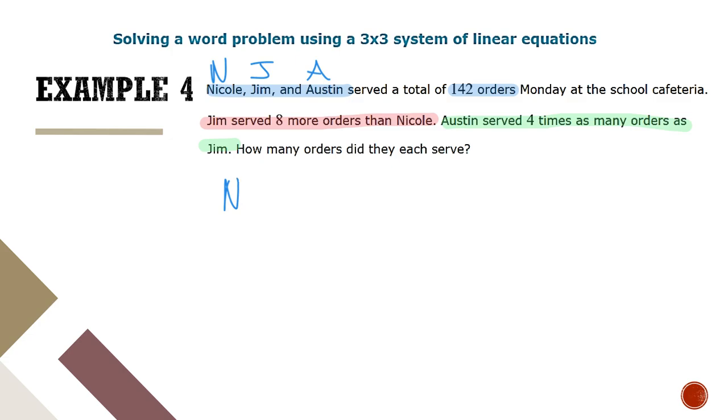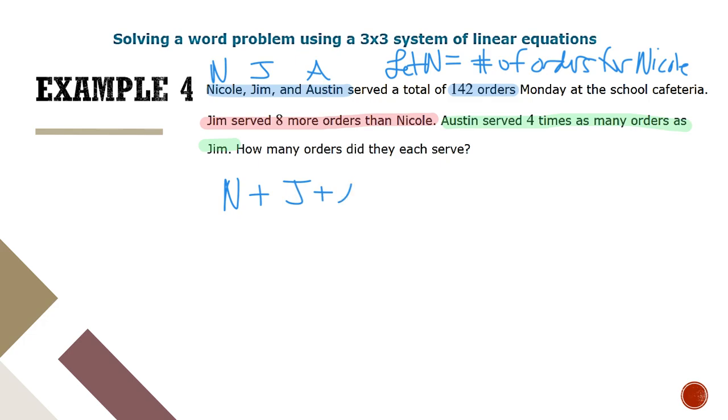So if you think about it, if we add up the number of orders they served, let N equal the number of orders for Nicole, J is the number of orders for Jim, and A is the number of orders for Austin. We could add all of those up, so N plus J plus A, and that is in fact equal to 142 total orders.